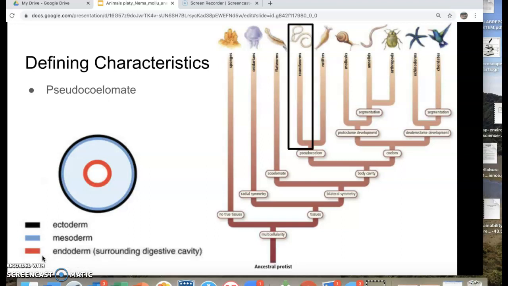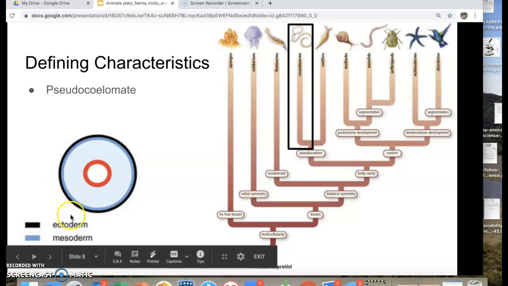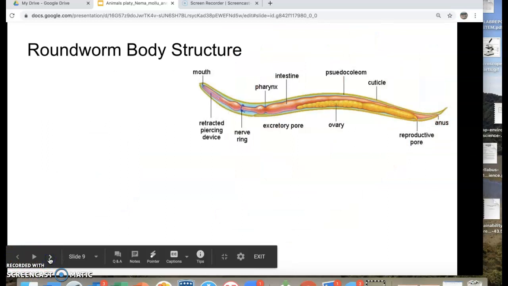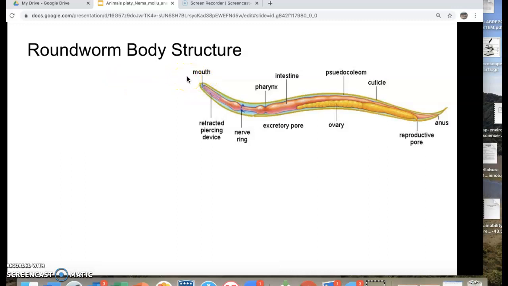So they have a digestive tract, and it is surrounded by the endoderm. So one of the big evolutionary steps for the roundworms is how its body structure now goes from mouth to anus.